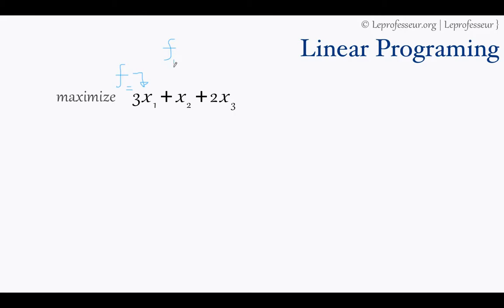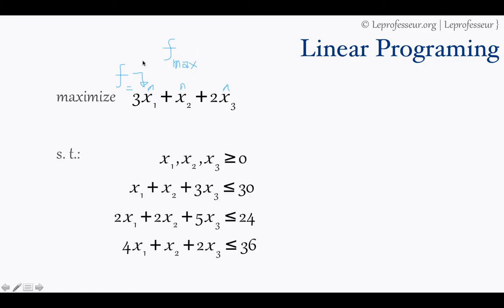Okay. So we want to find the values x1, let's call it x cap, x2 cap, x3 cap, which maximize the value of the objective function. And this is subject to certain constraints, and the constraints are represented by these equations. All right. So step first, convert these constraints into a slack form.